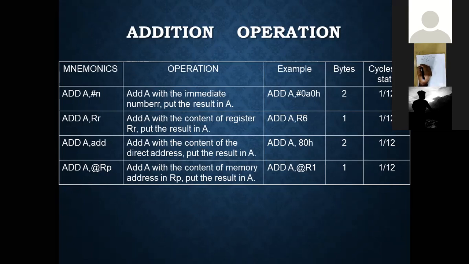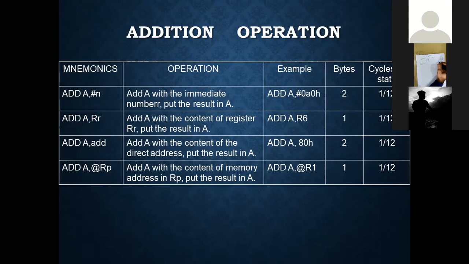So after the instruction, 3F and 78 will be added up. F means 15, so 15 plus 8 is 23. 23 is greater than 16, so just do it like this: 7 will come here, and 1 will come here as a carry.